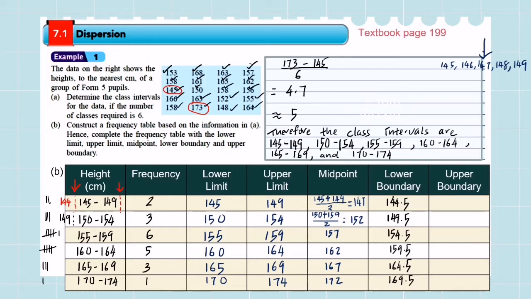Upper boundary for first class interval is 149.5. Next, 154.5, 159.5, 164.5, 169.5, and the last one is 174.5.